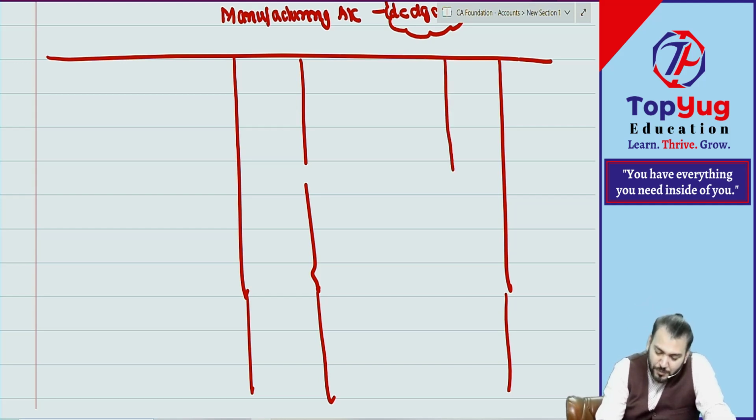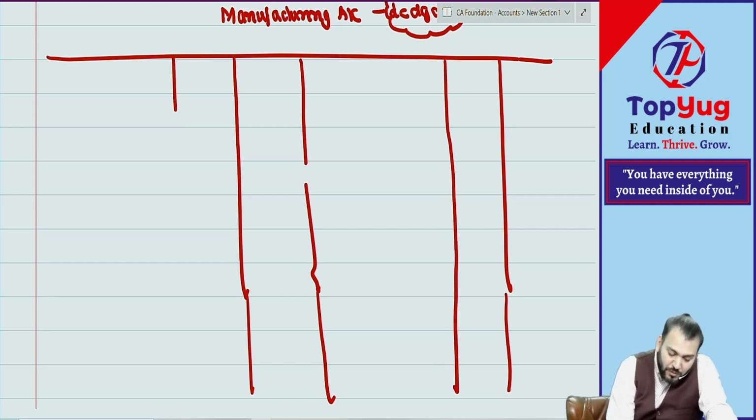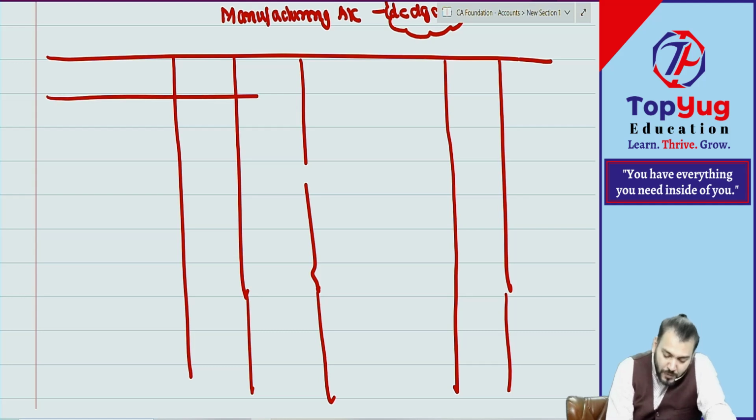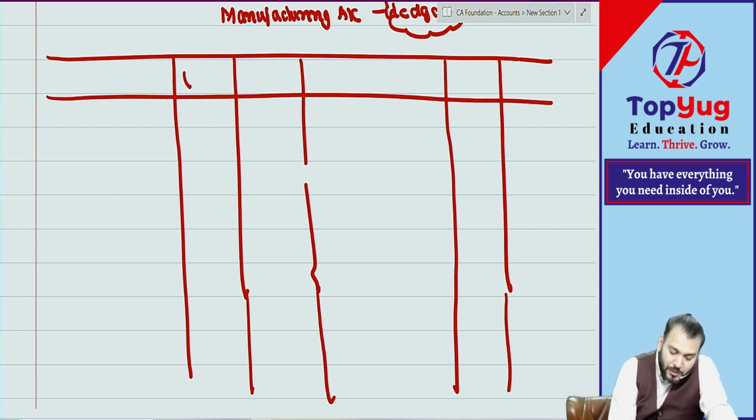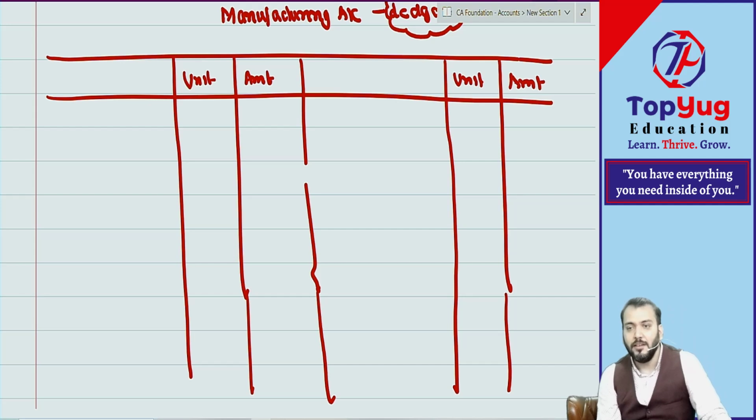But in this we will have two columns: one unit column and one amount column, because in this also we need to find out how many units were produced.